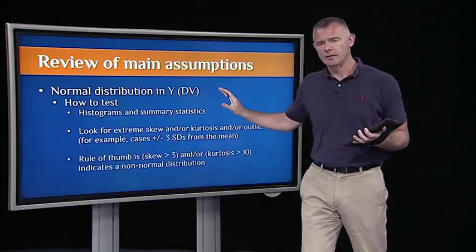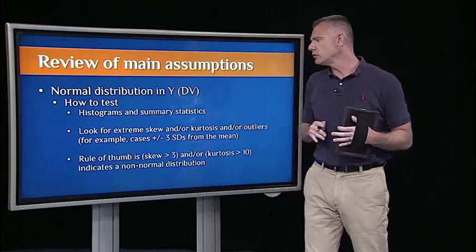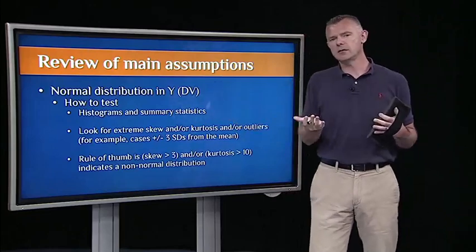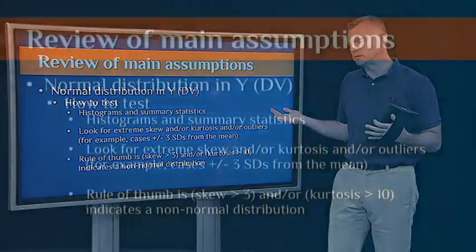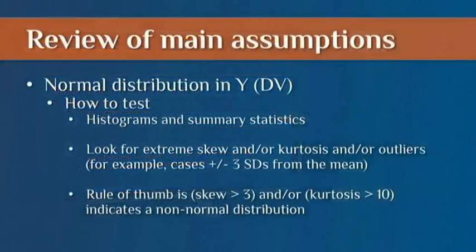What's most common and easiest is just to look at your histograms and your summary statistics. When you look at the histograms, which we'll do in a moment, you should be looking for extreme skew and/or extreme kurtosis, that big peak. You should also be looking for outliers. Outliers in a univariate sense are often described as a function of how many standard deviations a case is away from the sample mean.